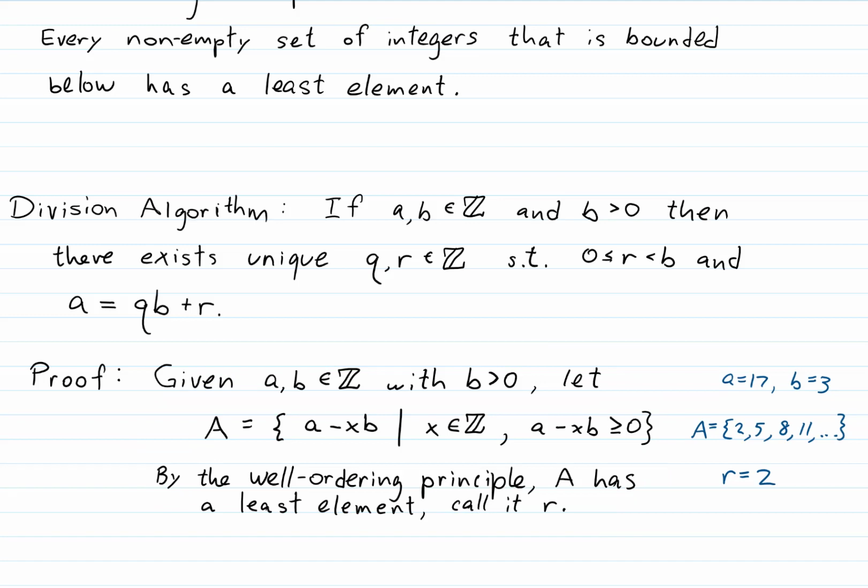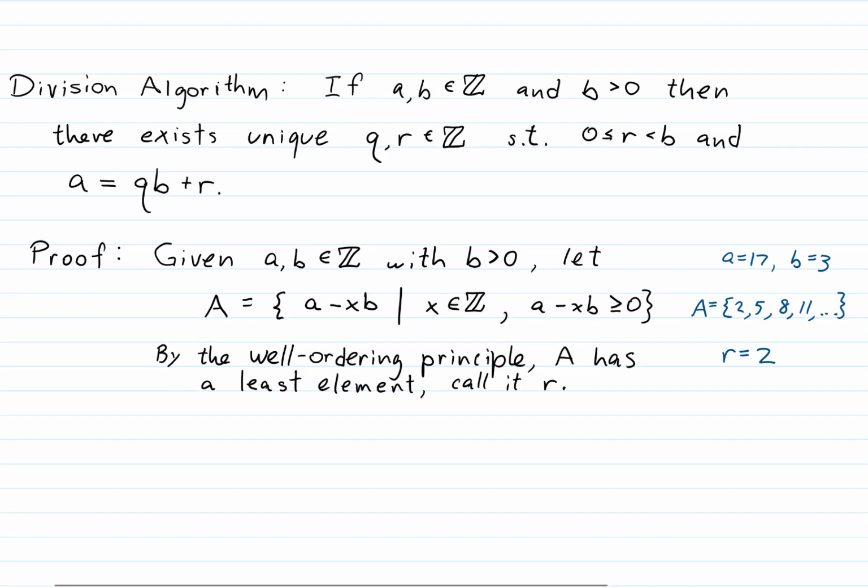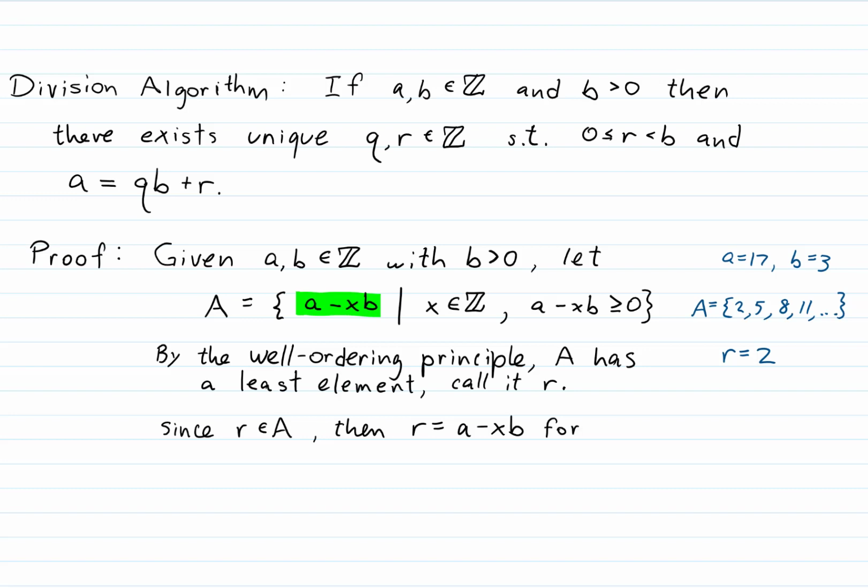All right, now let's continue. Okay. Since r is an element of A, and everything in A looks like that, then that means that r equals a minus xb for some integer x.